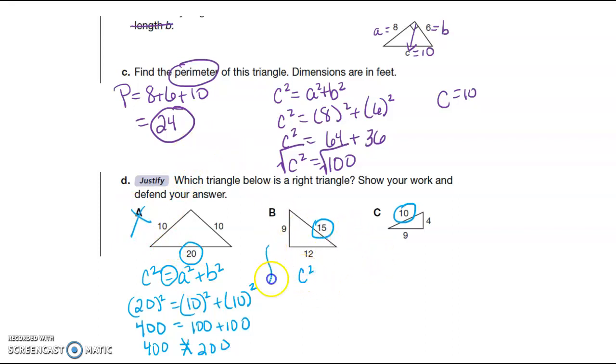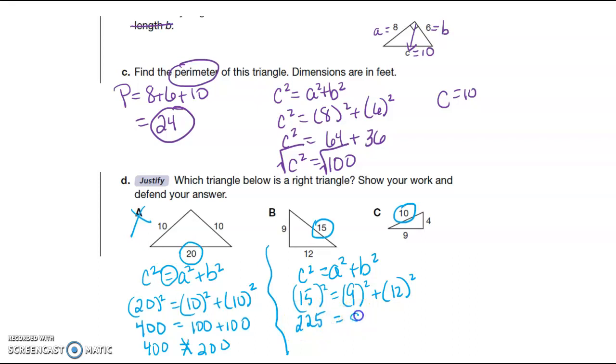Let's try this one. So 15 squared is equal to 9 squared plus 12 squared. 15 squared is 225. 9 times 9 is 81. 12 times 12 is 144. And what I get is 225 is equal to 225. That checks out.